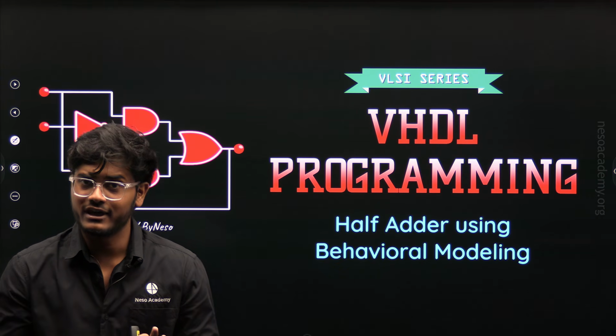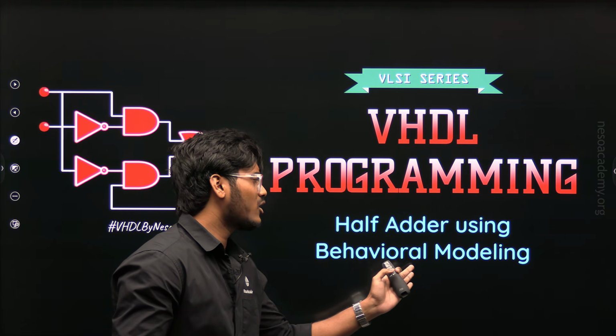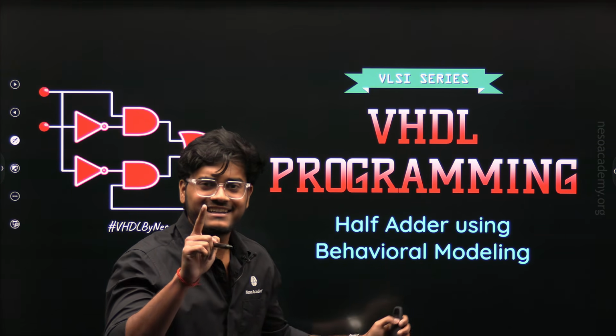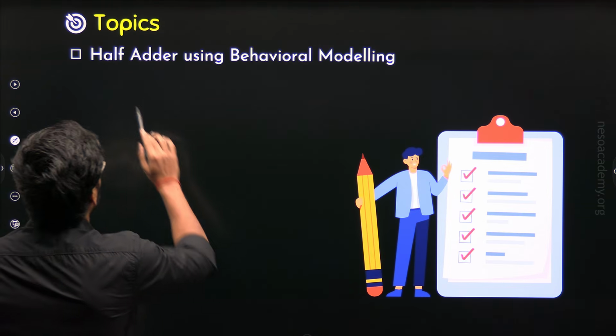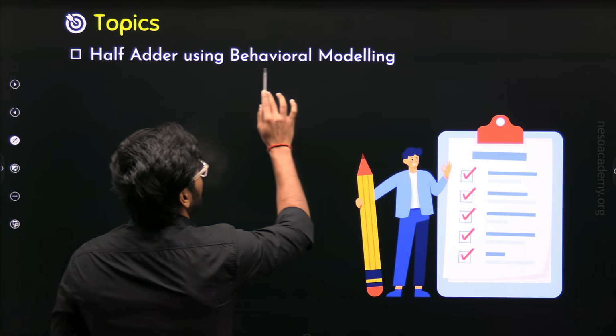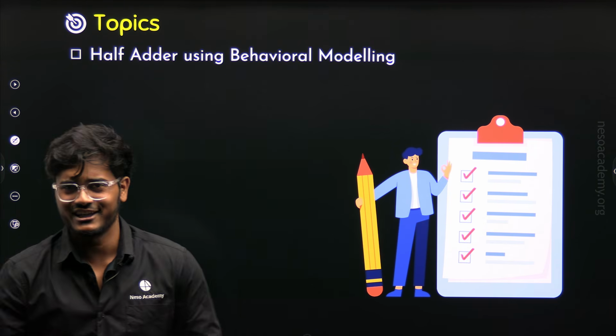And today we will implement the half adder using behavioral modeling practically in Vivado. So, our today's topic is half adder using behavioral modeling in Vivado with the help of VHDL.